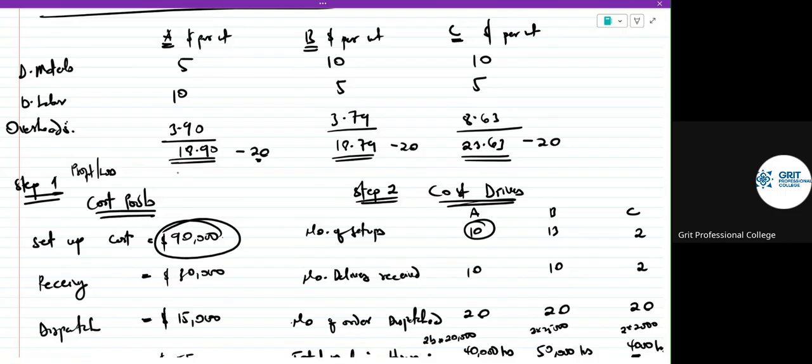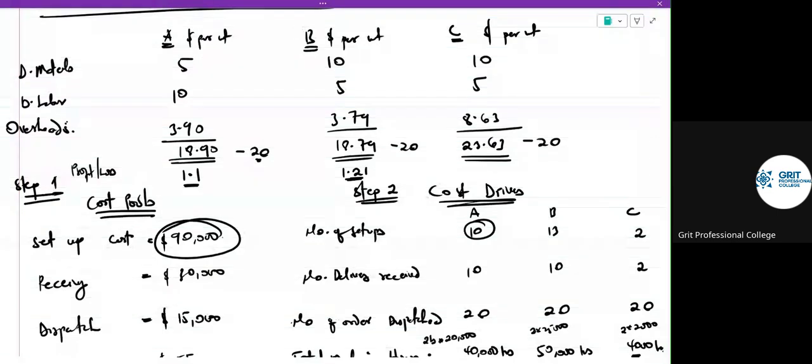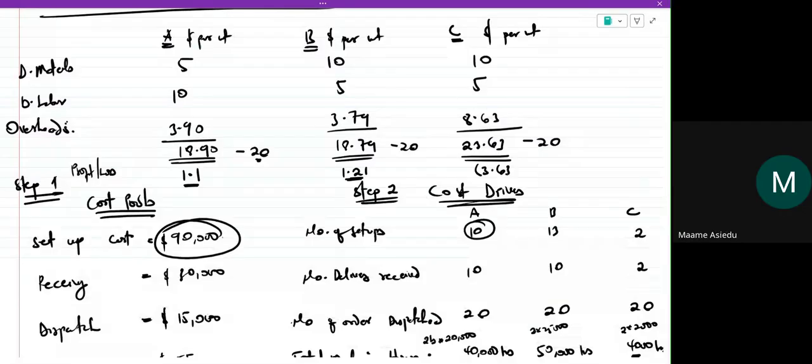So we are going to get a profit of 1.1. Here, the selling price is also greater than the cost. So we get a profit of how much? 1.21 profit per unit. However, for this, you can see that the cost is more than the selling price. So we have a loss of 3.63.